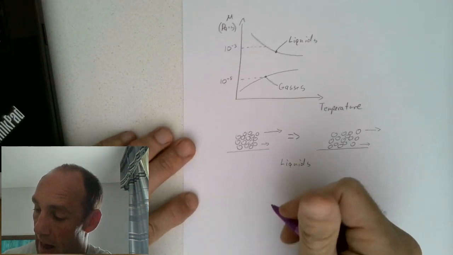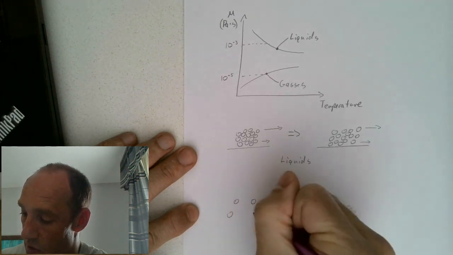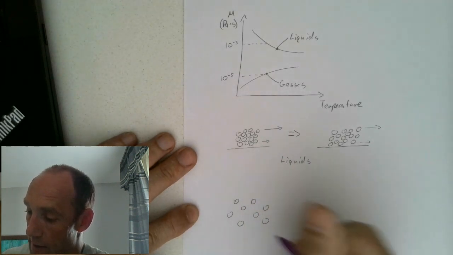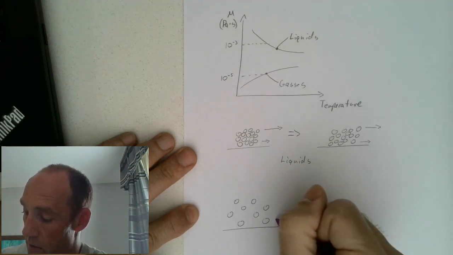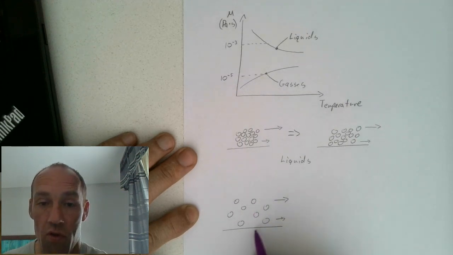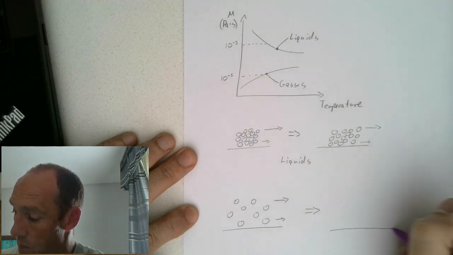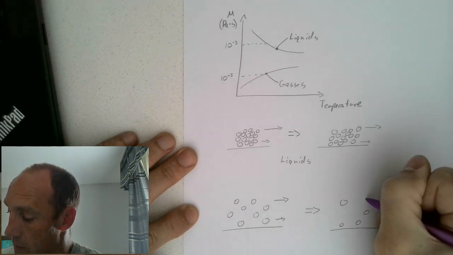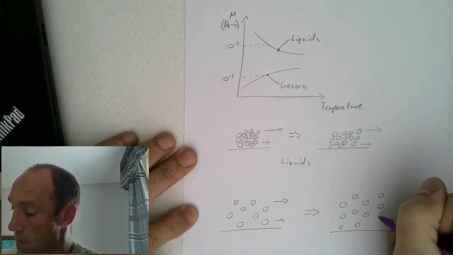All right. Then for gases, you already have a situation where they begin in this state where they are very well spaced out, right? And say they're interacting with this surface, and so you have faster moving molecules at the top and slower ones closer to the surface. All right, and then as temperature increases, you have these slower moving molecules in close contact with the surface.